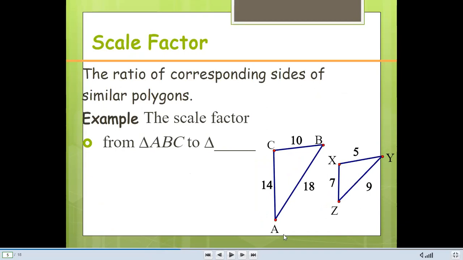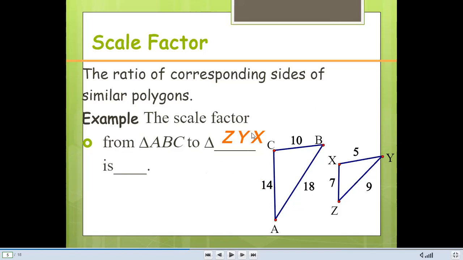Could anyone tell me what the second triangle is which will be similar to ABC? Yes, Muhammad, go on. It will be ZYX. Let's check together. ZYX. Very good.